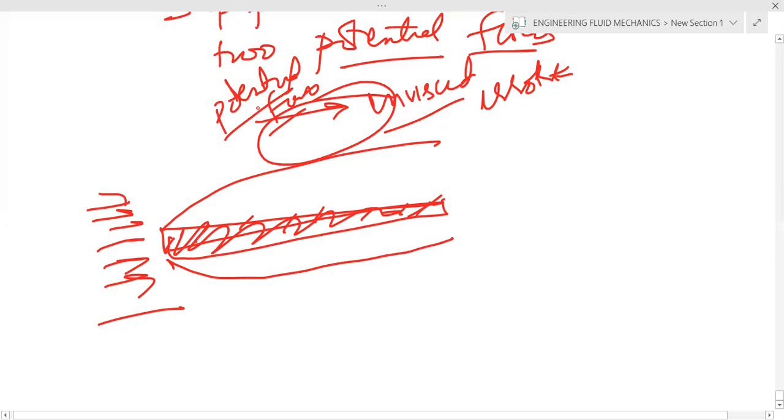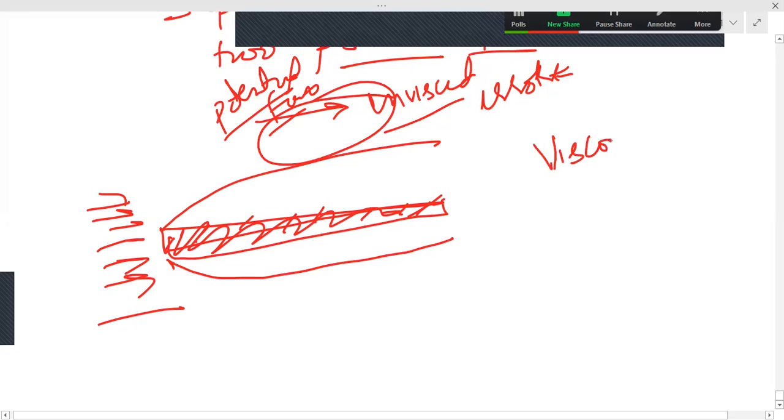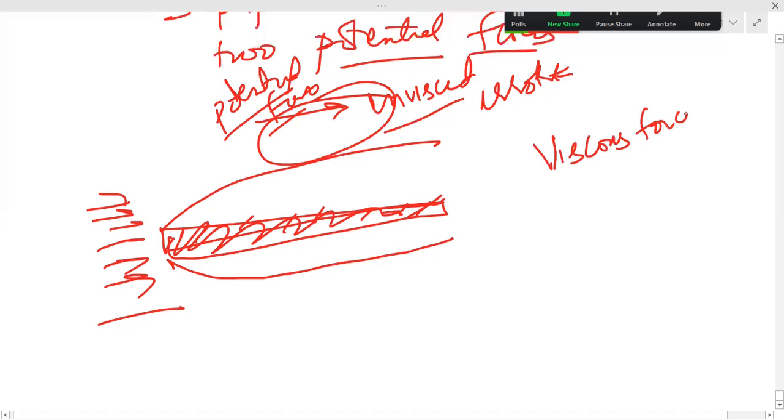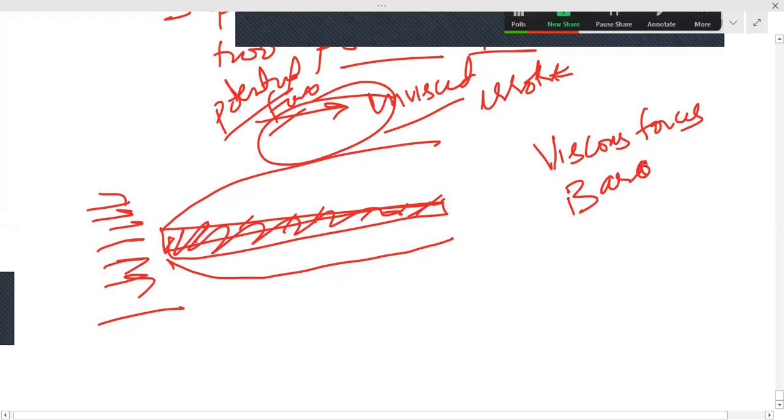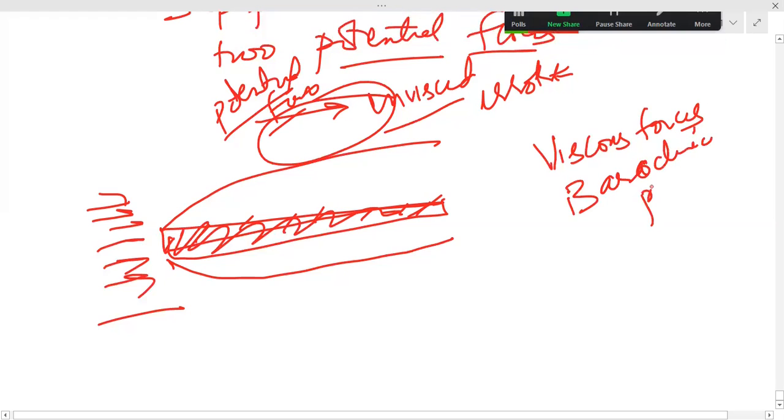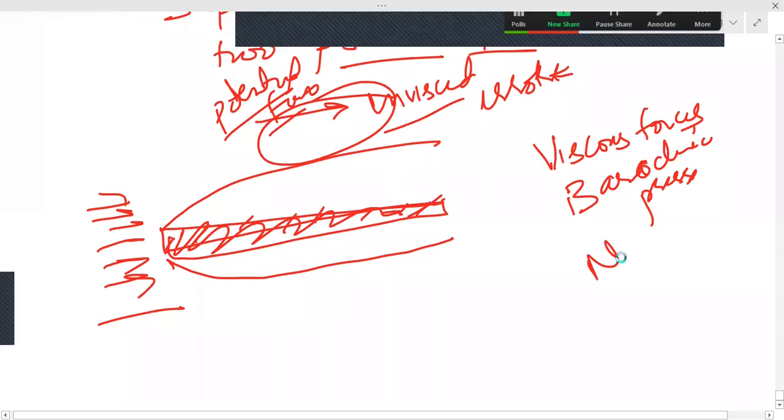Potential flow is incompressible, inviscid, irrotational. And you know that a region of flow can be rotational only when there are viscous forces, baroclinic pressure condition, or non-conservative body forces.